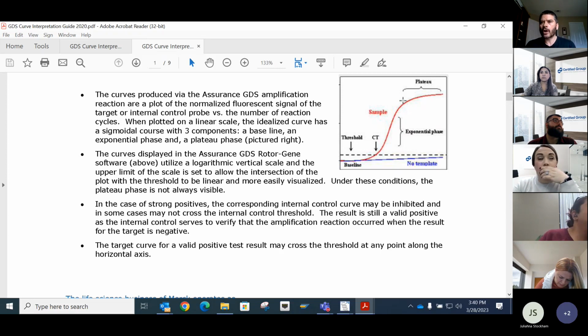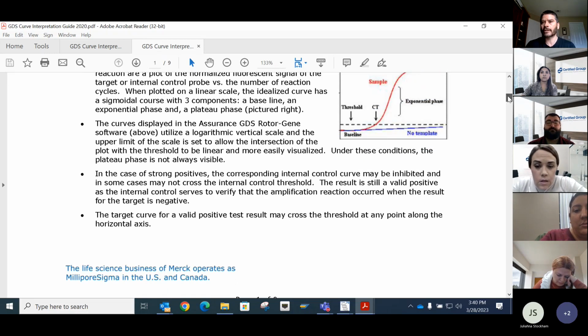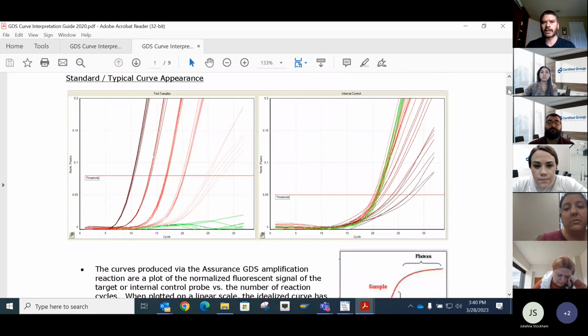When you look in textbooks, you always see this plateau phase. Basically, within all the amplification tubes, there's a limited number of nucleotides, primers and probes, so only so much double-stranded DNA is going to be able to be formed. When you see this plateau phase, there's essentially no more reagents. But in GDS, you don't see a plateau phase.